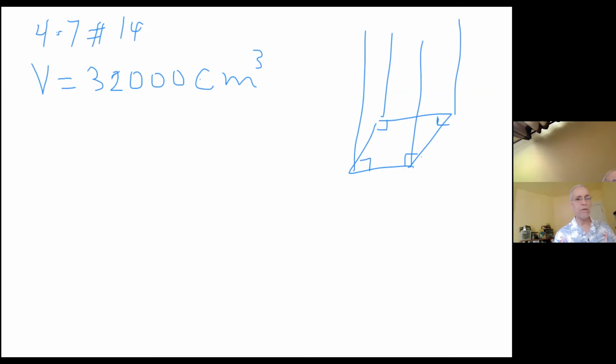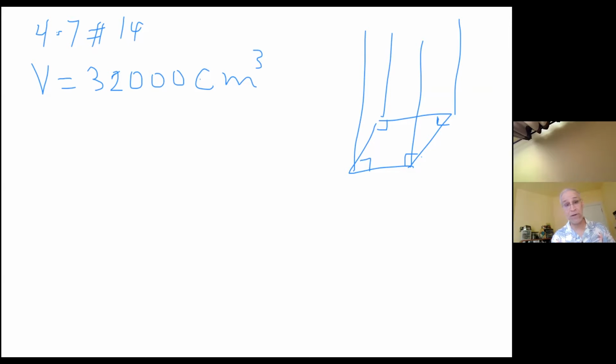So in order for us to minimize the material used, that means that we need to minimize the surface area. There are two pieces of information that we have here: one given for volume, which is 32,000 centimeters cubed, and the other is that we want to minimize the surface area.